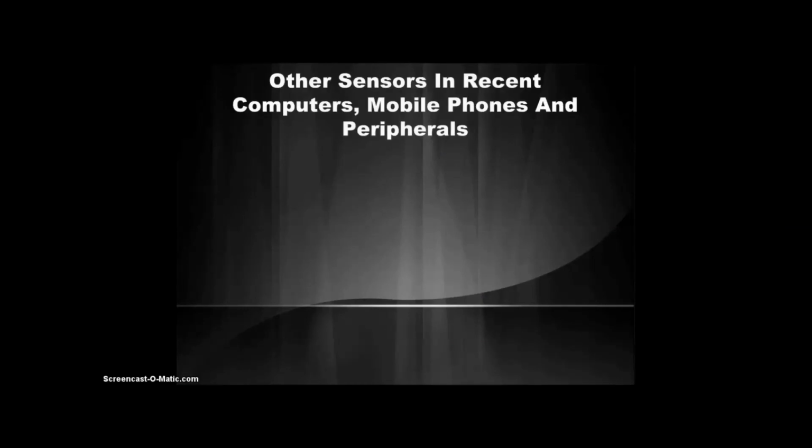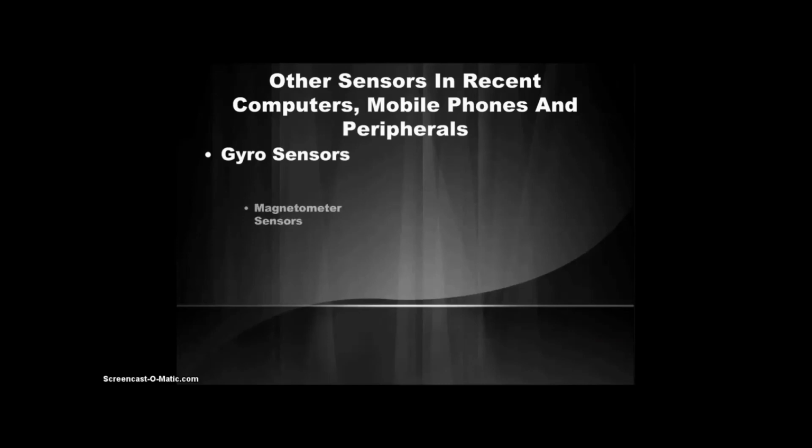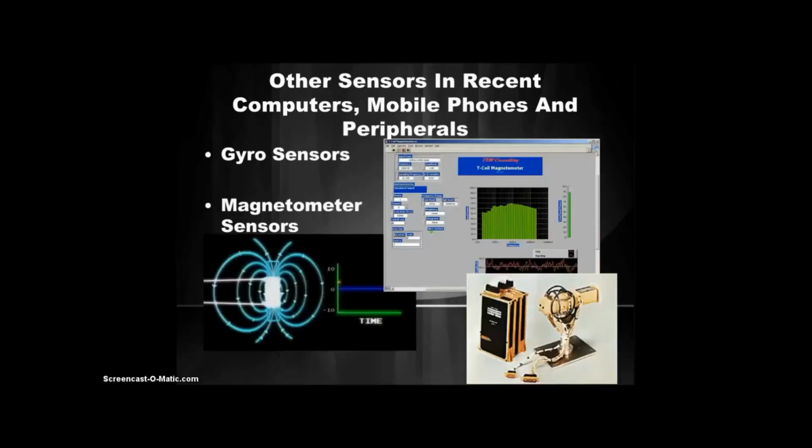Apart from these sensors, there are many other sensors in recent computers, mobiles, and their peripheral devices, like gyrometer, which is used in mouse, which measures or maintains orientation on the principle of angular momentum. Magnetometer sensors, which measure strength or orientation of magnetic fields.